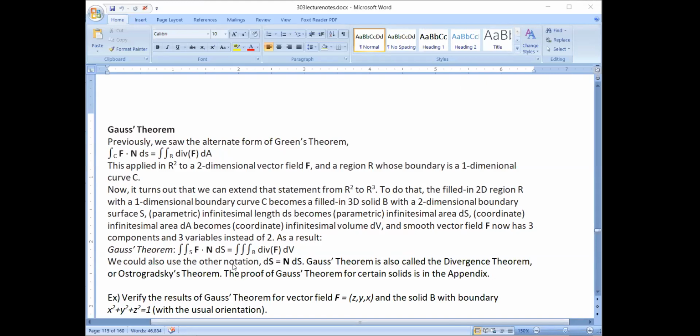In this particular question, notice that we're saying verify the results. That means we're going to compute both integrals and check that they're equal. So let's take a look.